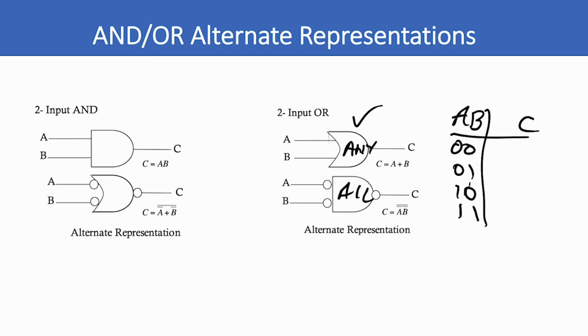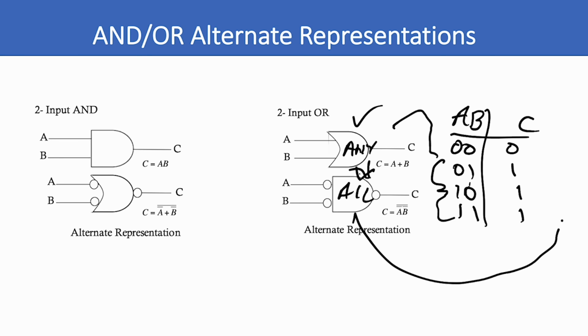Well, there's no highs there, so any high, there's a 1, we'll get a high. Any high gives a high, we get a high. There's 2 1s there, so we get a high. What's the alternate representation say? We converted it by inverting the symbol and inverting the inputs and outputs. So this says all lows give a low. So this one right here describes these 3 cases, and this one right here describes this case.